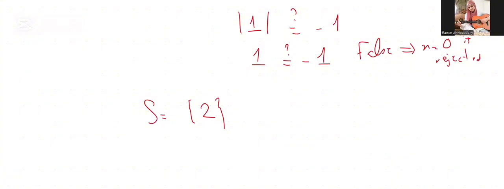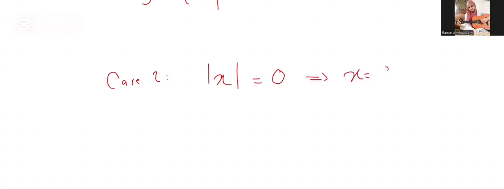Now let's move to case number 2. In case number 2, in the first case the absolute value was equal to a positive number, which we take once positive and once negative. Now in this case, if I have the absolute value of x equal to 0, when the answer is equal to 0 we can directly remove the absolute value and say x equal to 0. So we will get x equal to 0.